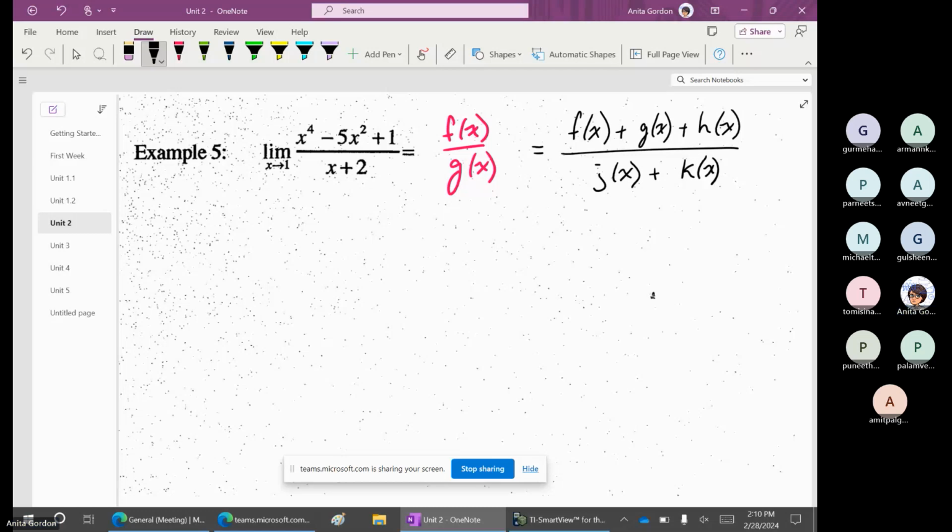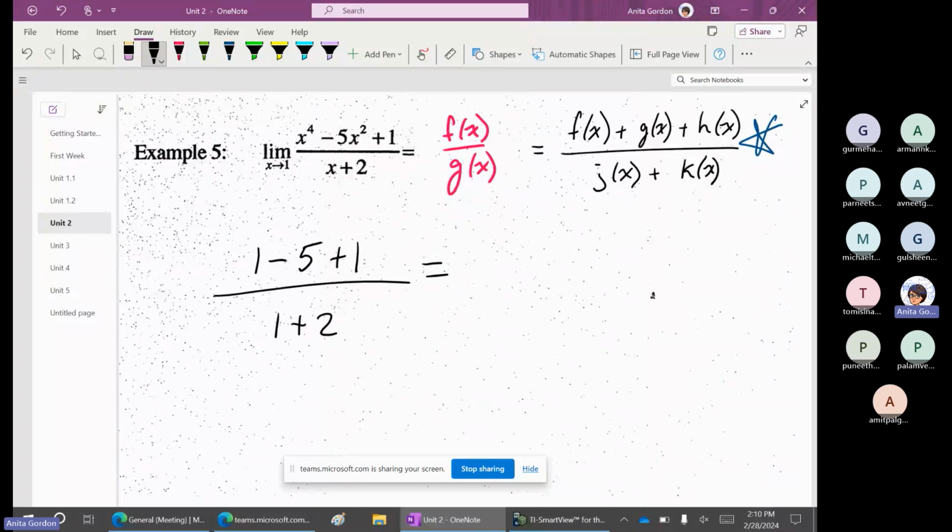Okay, so if I did it this way, as x approaches 1, what is my first limit? 1 minus 5 plus 1 over 1 plus 2, which gives me negative 5 over... No, wait.